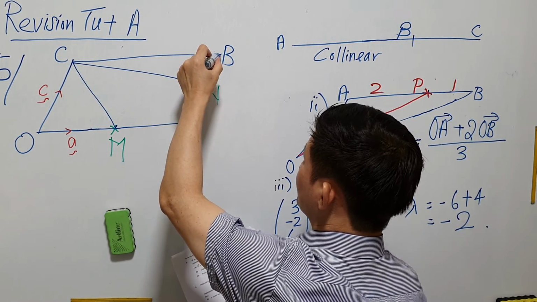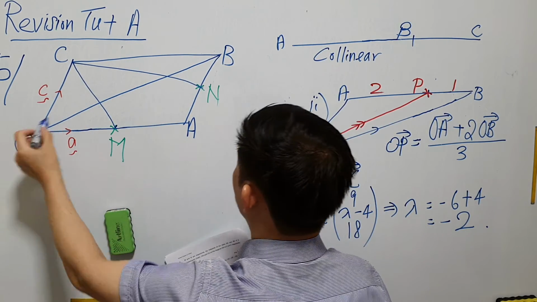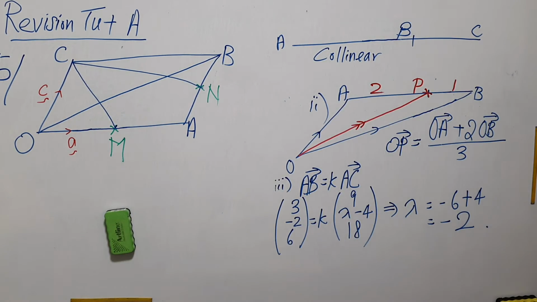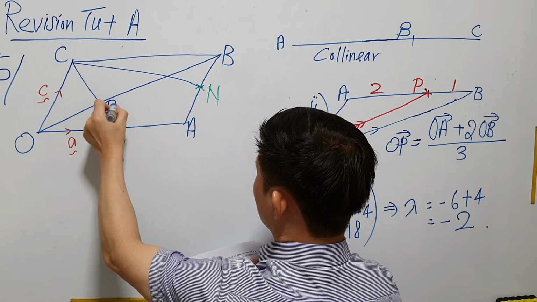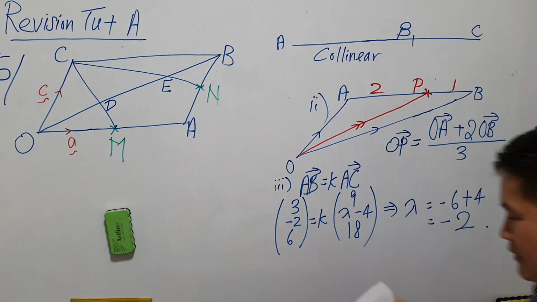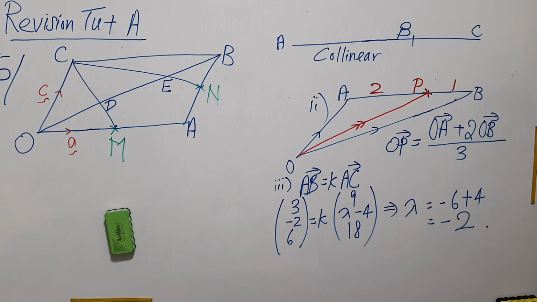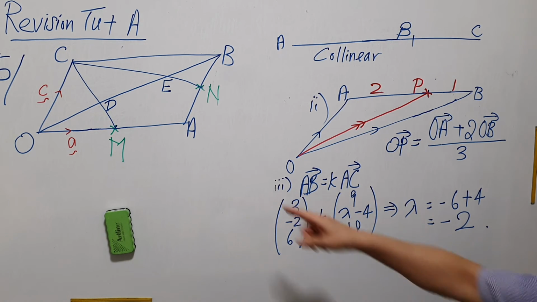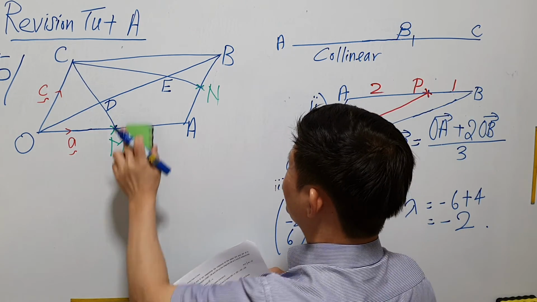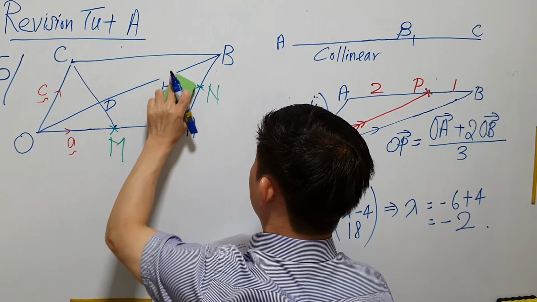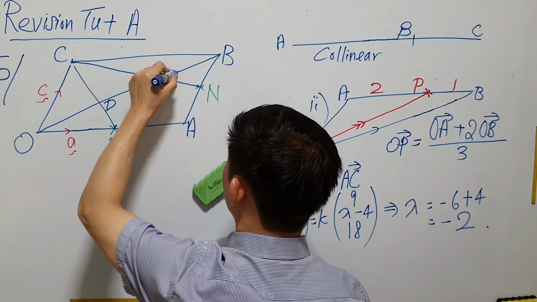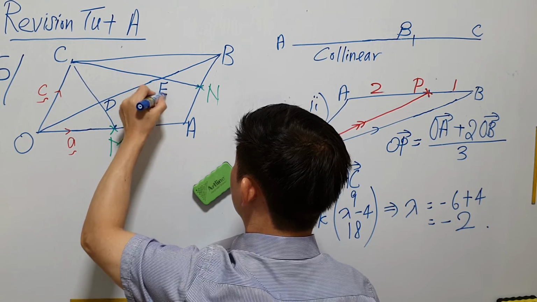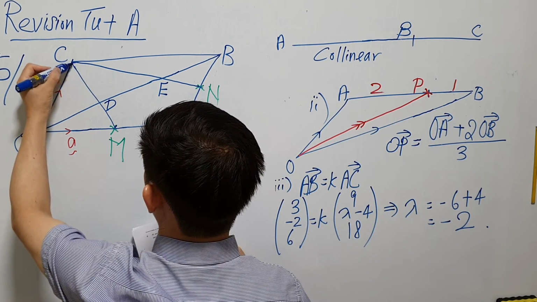You're told that they meet it at the points D and E. So this point D and this point E. So this is how the diagram looks like. This is not very straight. Maybe I should improve on this diagram a bit. It annoys me. The diagram is not too good. Let me touch up.